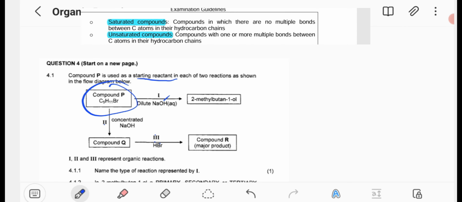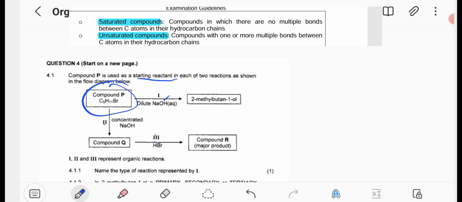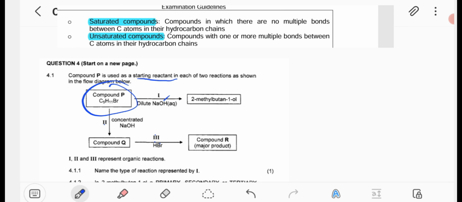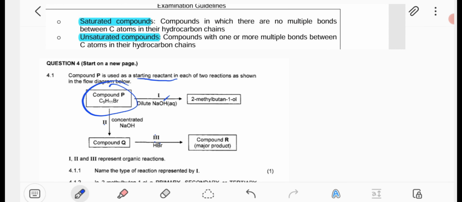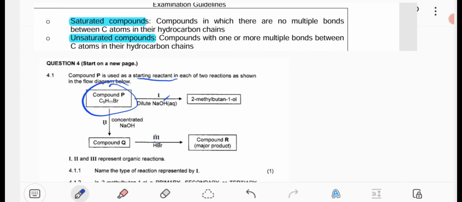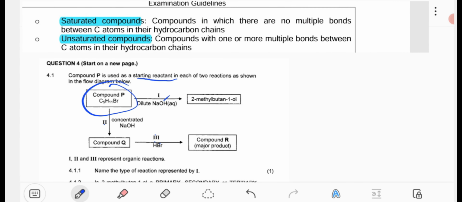Maybe the question may be, what is a saturated compound? A saturated compound is one in which we only see single bonds. S for S: saturated, single. But pay careful attention: those single bonds must be between carbon and carbon.